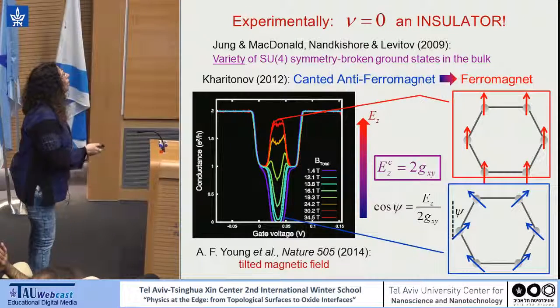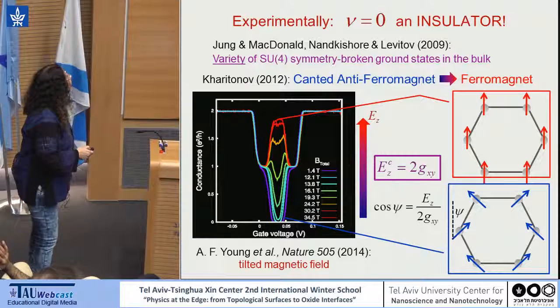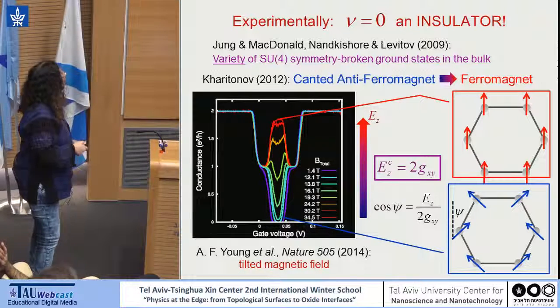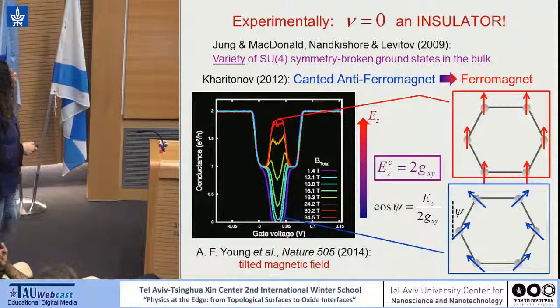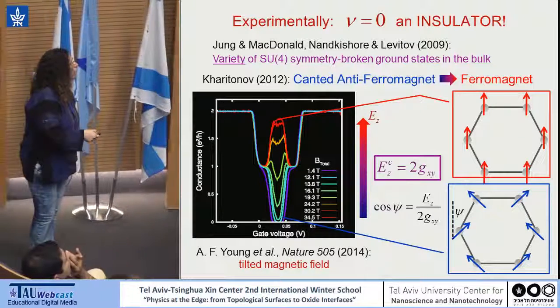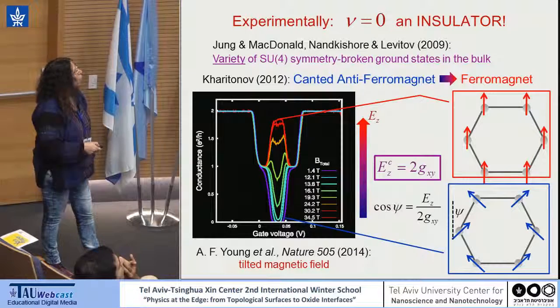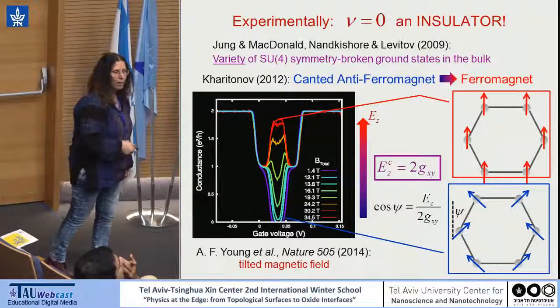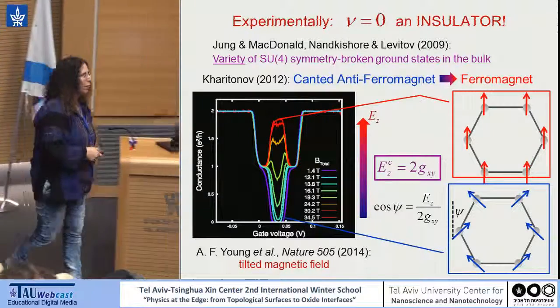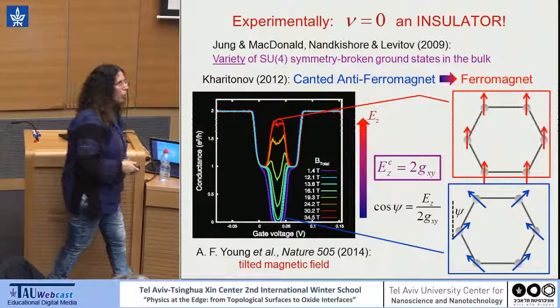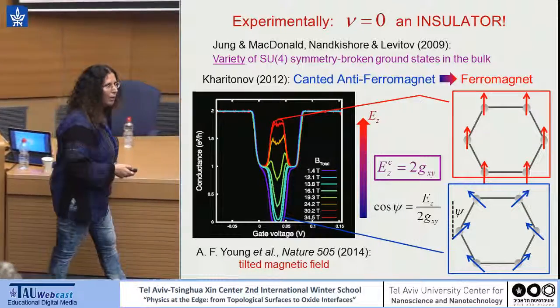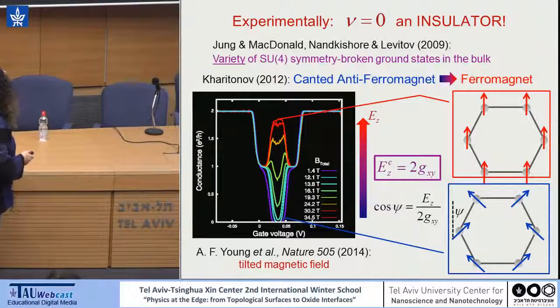So, indeed, there is some very nice experimental data of the MIT group. The first author is Andrea Young. What they did is they put their graphene sample in a tilted magnetic field, so you can control the Zeeman energy independently from the orbital degree of freedom.